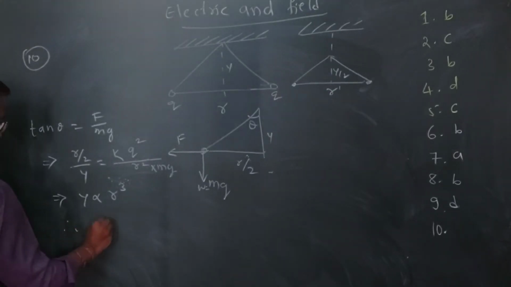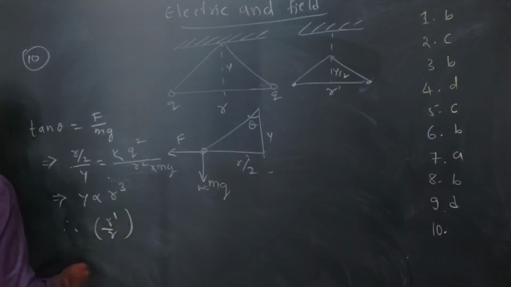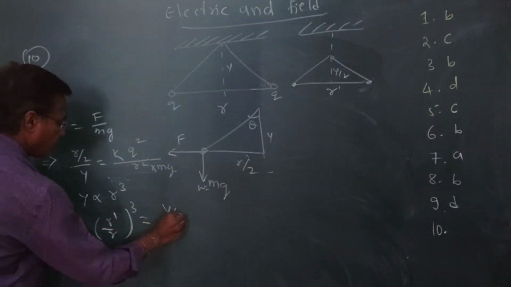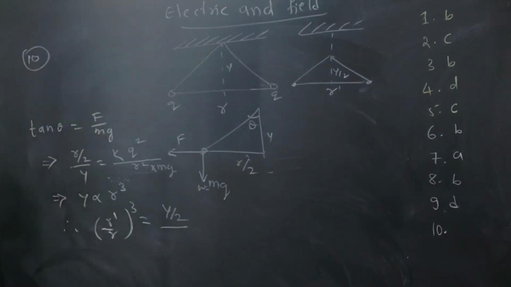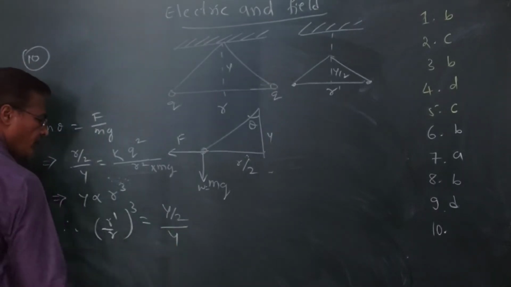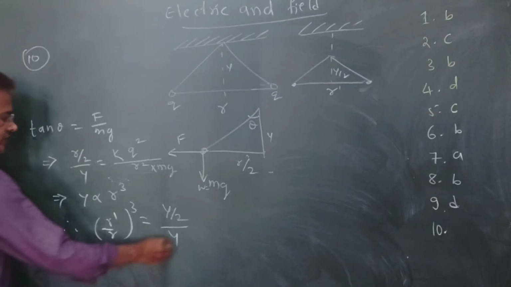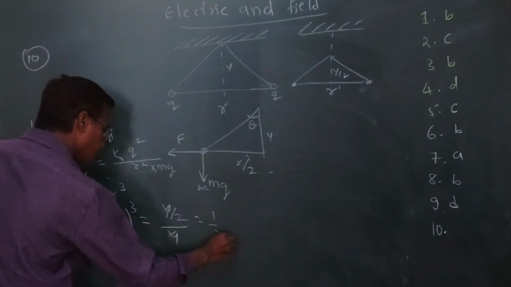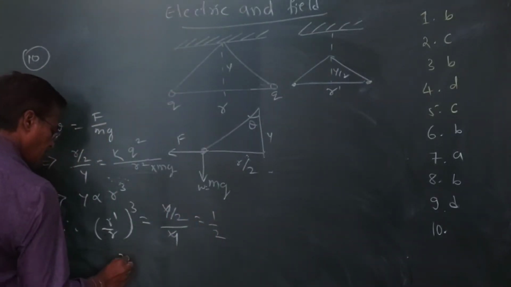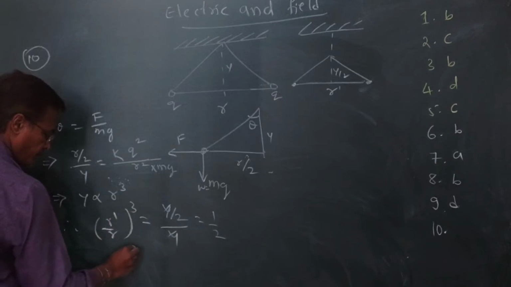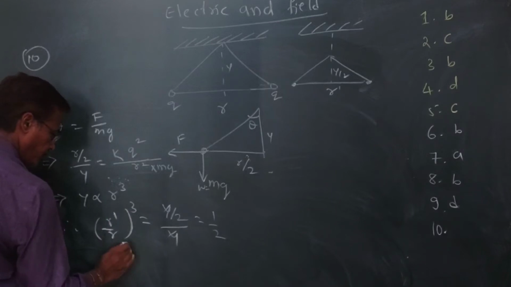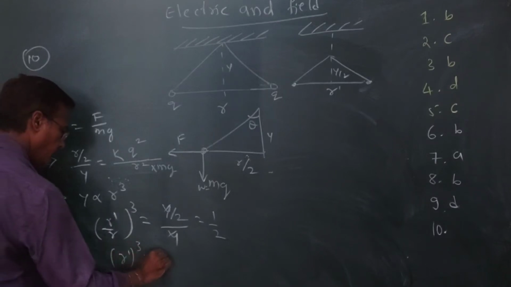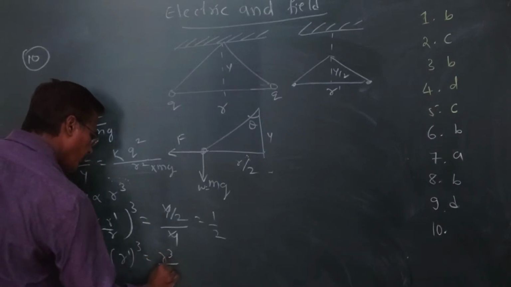So R dash by R cube equal to R dash at that time, y by 2, divided by y. So this and this get cancelled, this is 1 by 2. So R dash cube equal to R cube divided by 2.